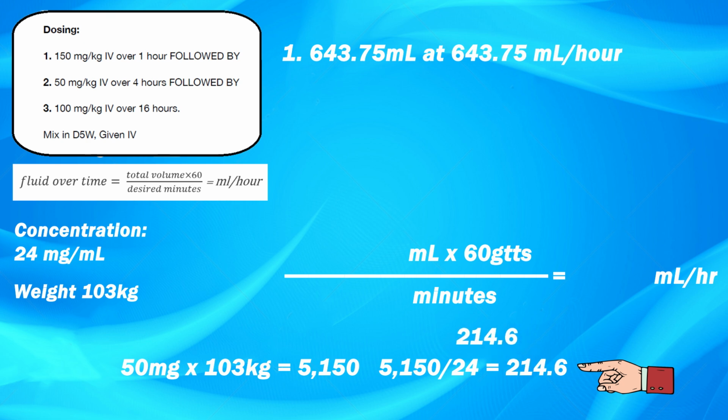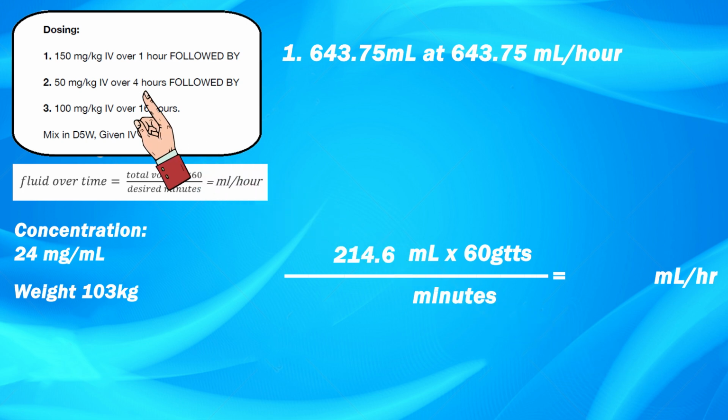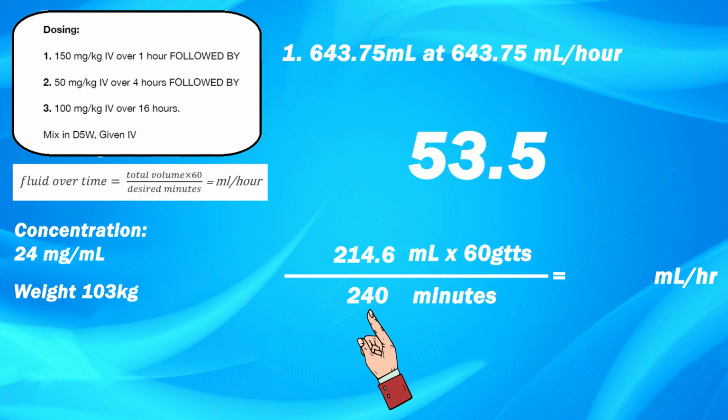We'll put that 214.6 into the total volume section, multiply by 60, but we have to divide by minutes, but we're talking about 4 hours now. So 4 hours times 60 minutes is 240 minutes. So if you divide 214.6 times 60 divided by 240, you should come up with 53.5 milliliters per hour.